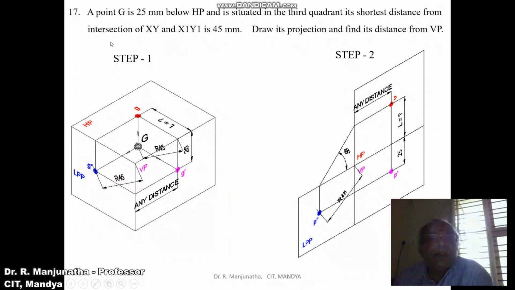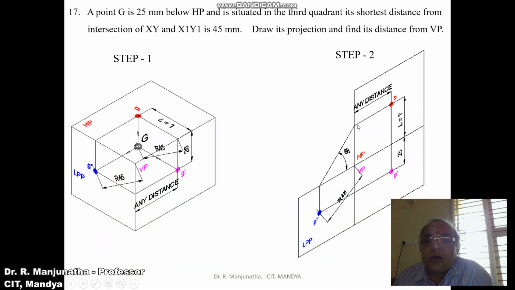Then the shortest distance from the intersection of xy and x1y1. This is the xy line and this is the x1y1 line. Its shortest distance is 45 mm. Using the compass, you measure the distance 45 mm from here and cut an arc on this, so that you get this point P double dash. Then draw a vertical projector from P double dash to the xy line, and from here draw an inclined line at 45 degrees, so that this horizontal distance is transferred into the vertical distance here.